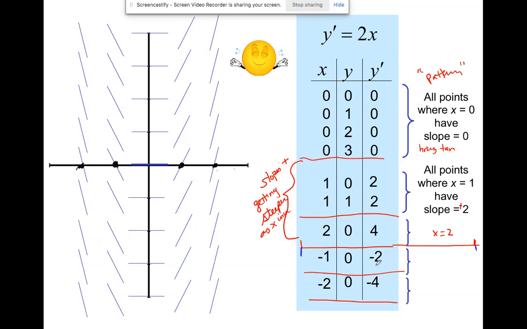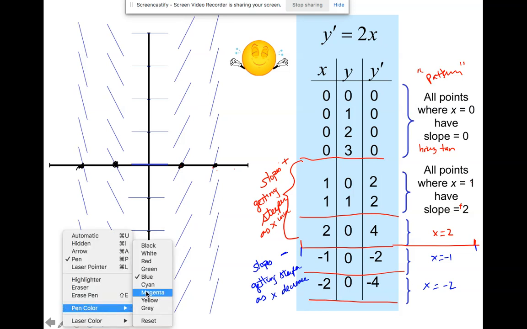When x is negative, you have a beautiful symmetry, right? When x is -1, when x is -2, slopes are all negative and getting more negative. And further, I see symmetry.